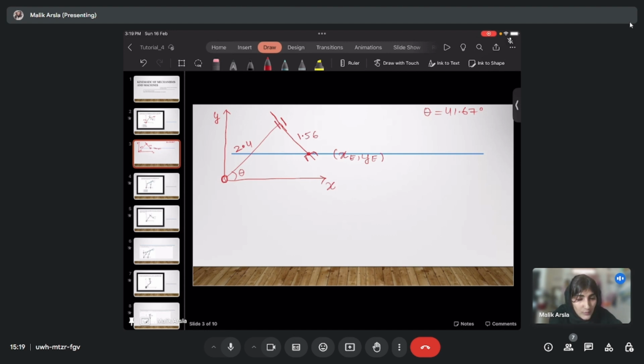And what about this angle? This angle here is phi, right? And this angle here is alpha. This angle has been given as alpha. So this is the information provided to us.